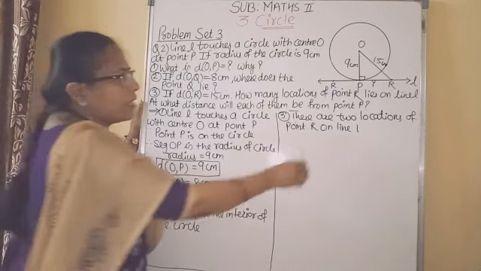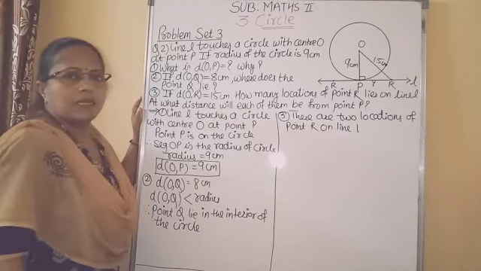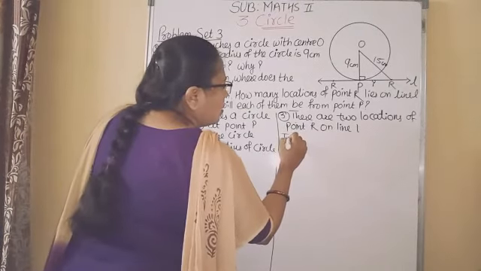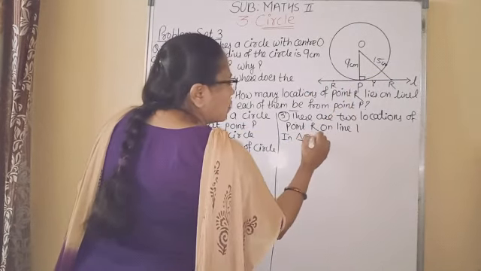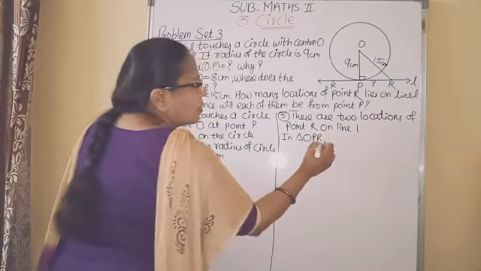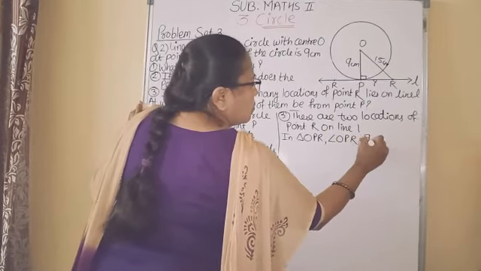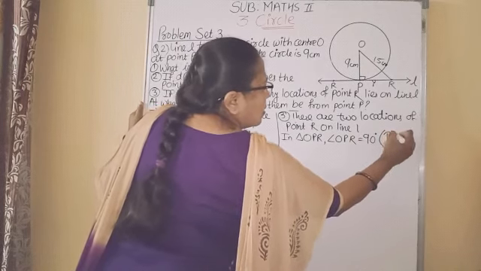Okay. So simply here to find out this distance we have to use the Pythagoras theorem. In triangle OPR, angle OPR is equal to 90 degrees. Reason, we can write tangent theorem.